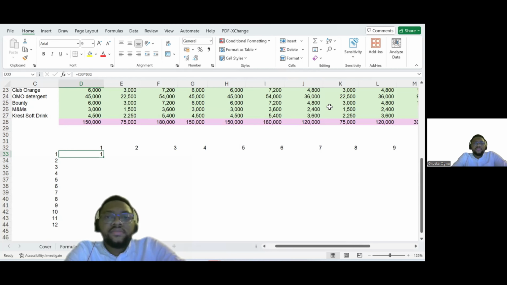So do you have any immediate way you quickly figure out this is what I'm supposed to lock or this is what I'm not supposed to lock? When you are using Excel, do you have any shortcut that enables you to remember it quickly?